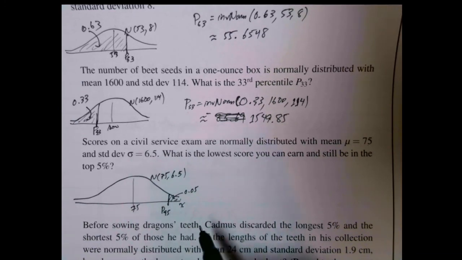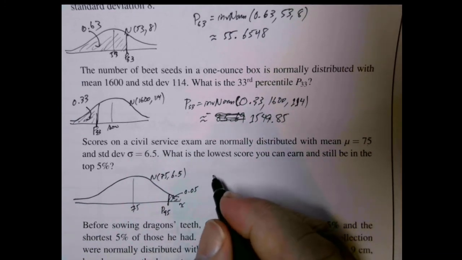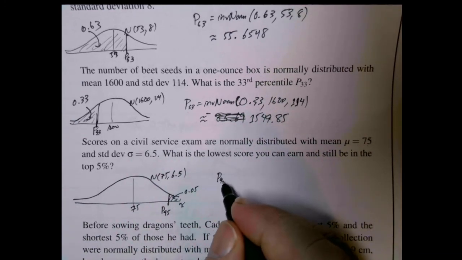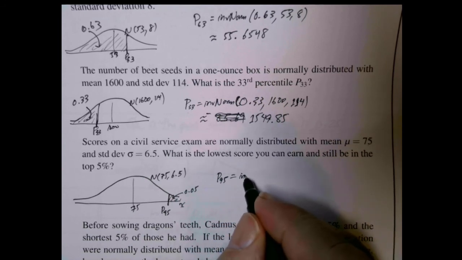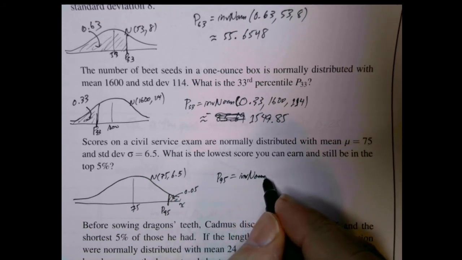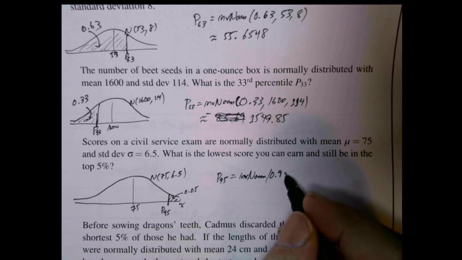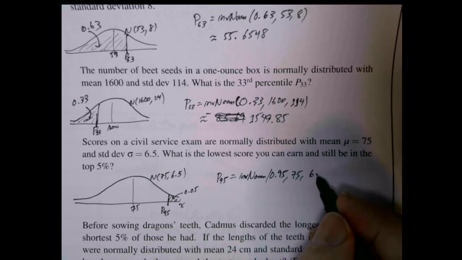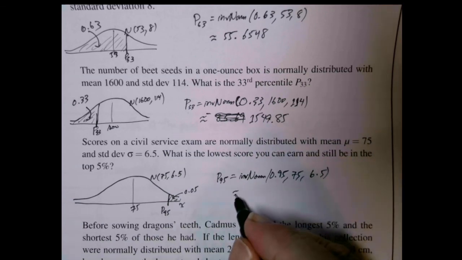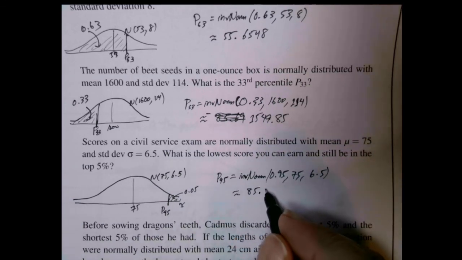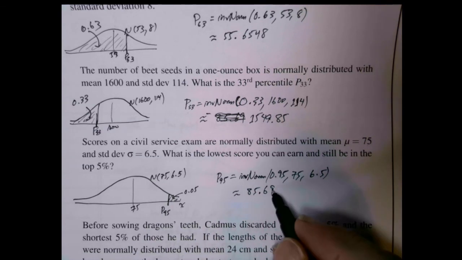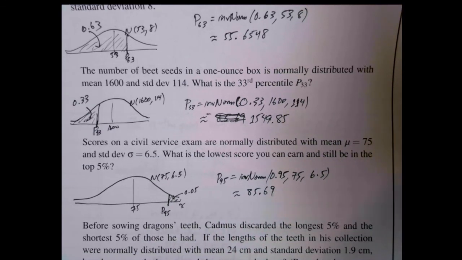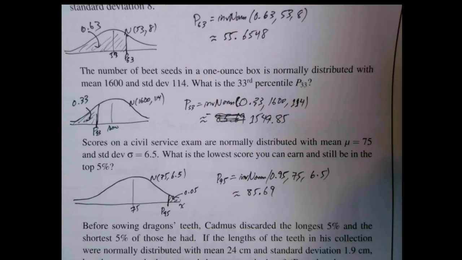So the cutoff score here is just P95. And now you know how to find that. It's INVNORM of 0.95, comma, the mean, comma, the standard deviation. And that works out to be about 85.69. So if you have an 85 on this test, you're not in the top 5%, and if you have an 86, you are.